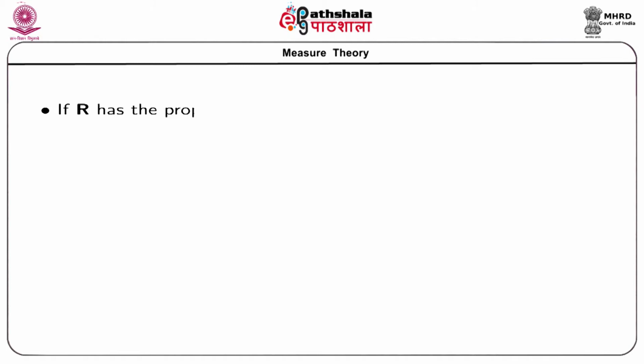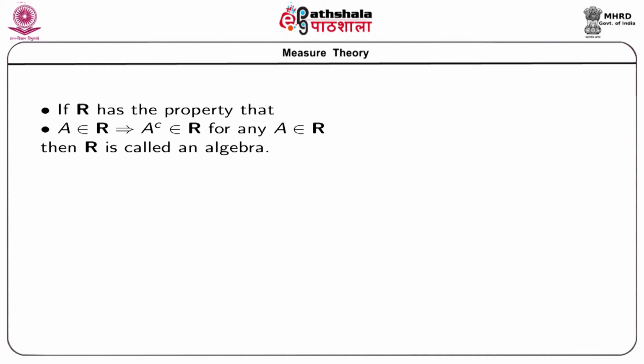If the ring R has the property that for any set A belonging to R, the complement also belongs to R, then we say that R is an algebra.